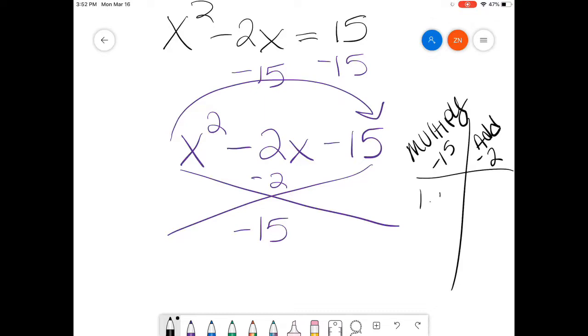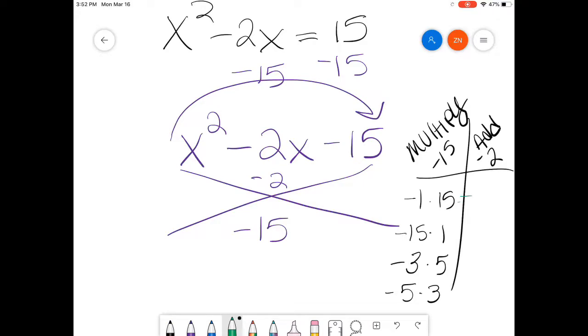I have 1 times 15, 15 times 1. Since I'm dealing with a negative number here, one of my numbers needs to be negative. So negative 1, negative 15, let's say 3 times 5 or 5 times 3. Okay, one number has to be negative in order to multiply to get a negative number.